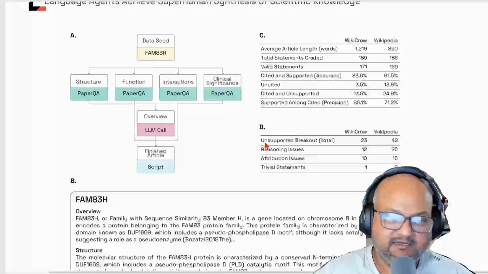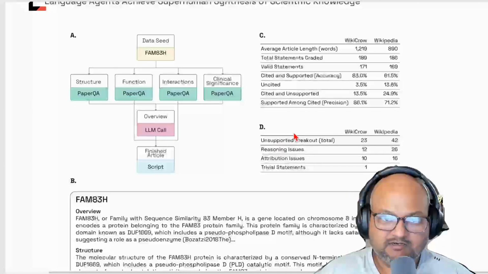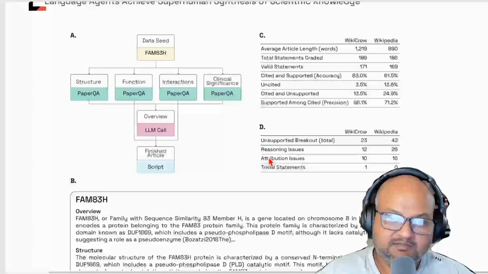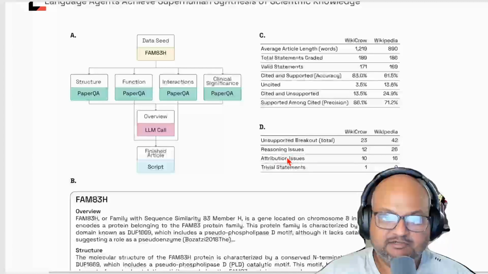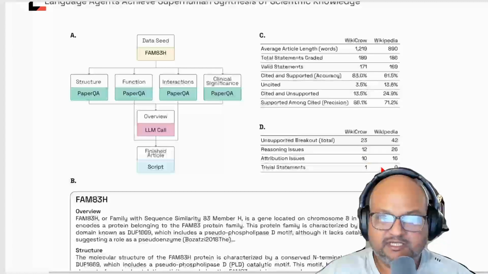Another interesting thing here is to look at the specific reasons for unsupported citations. And citations could be unsupported because of several issues. It could be a reasoning issue or an attribution issue. And again, you see that the WikiCrow system here has a much smaller occurrence of those issues.